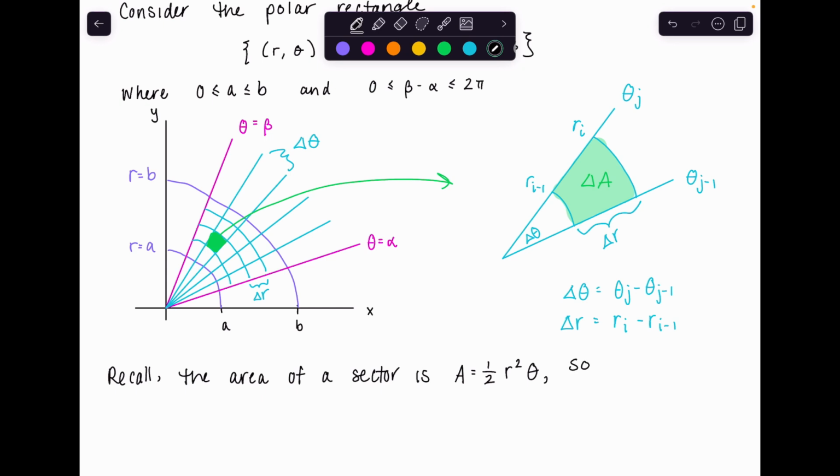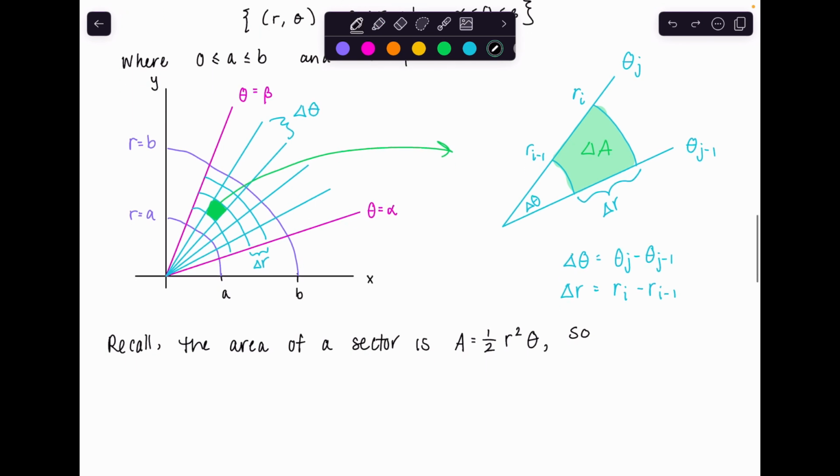So for us, what we really have, use a different highlighter, we have the area of this bigger sector formed by R_i and still that angle, delta theta. And then I need to remove the area of the smaller sector, which deals with the radius R_{i-1}. And if I take the difference between those two, it gives me exactly this region, which is the change in my area on that portion of the grid.